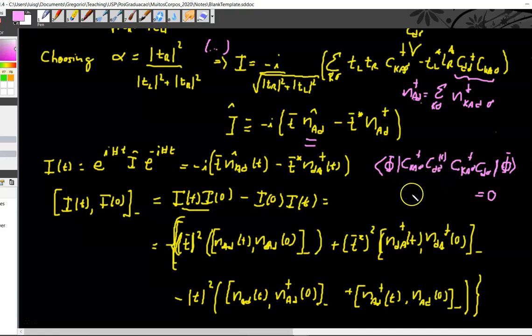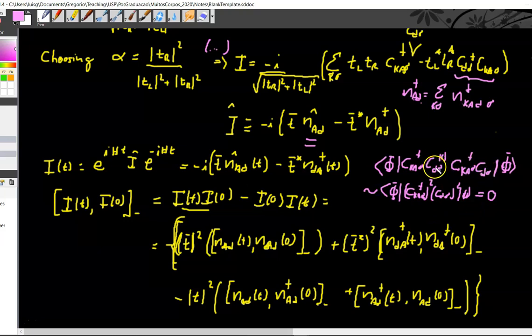Why? Because this doesn't conserve the number of particles. Here I would have something like psi, yeah, there would be a minus sign here, but it would be proportional to, yeah, if you want, it would be proportional to c k a dagger square c d sigma square, something like that. Okay, so this has to be 0.